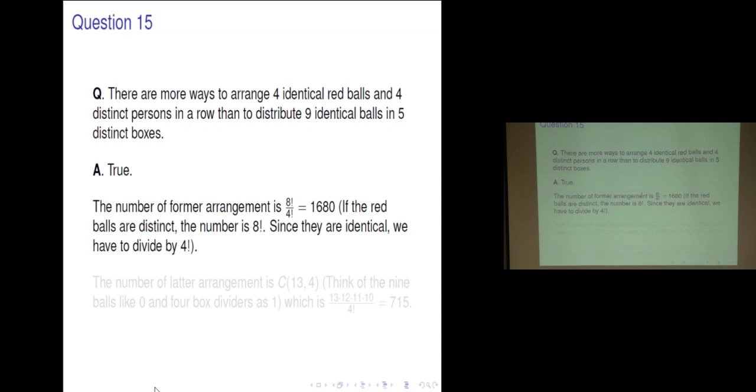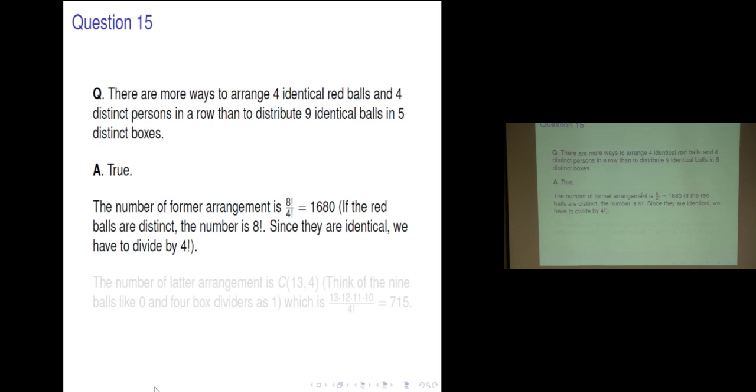So you have to divide by 4 factorial. So the total number of ways for the first item is 8 factorial divided by 4 factorial. If the calculation is correct, you get 1,680. Do you get this?